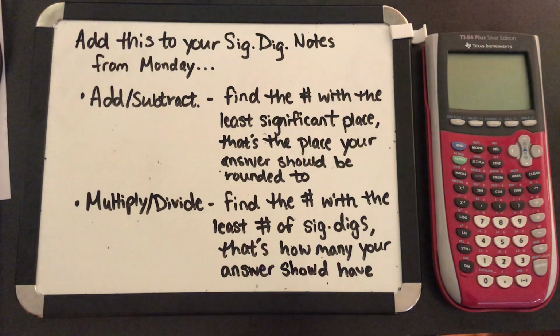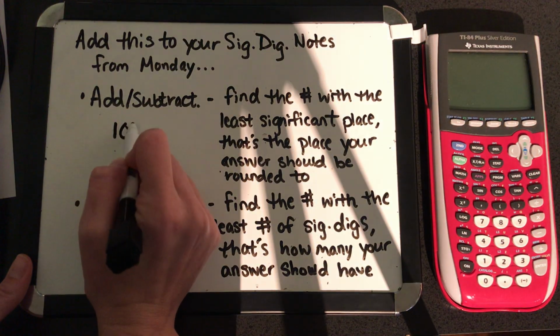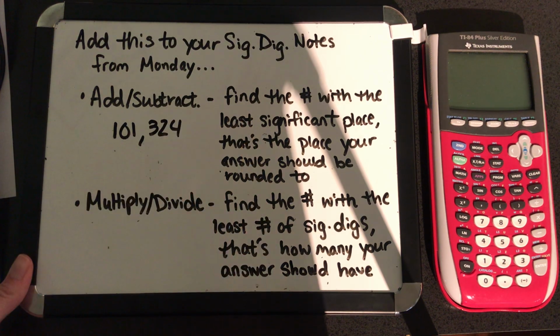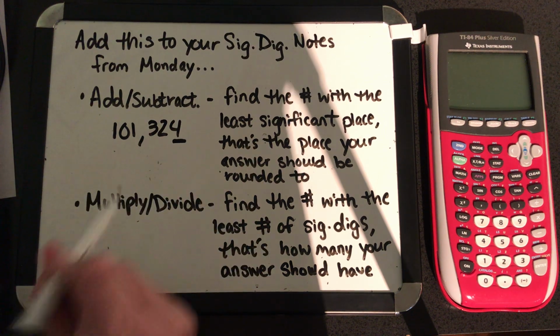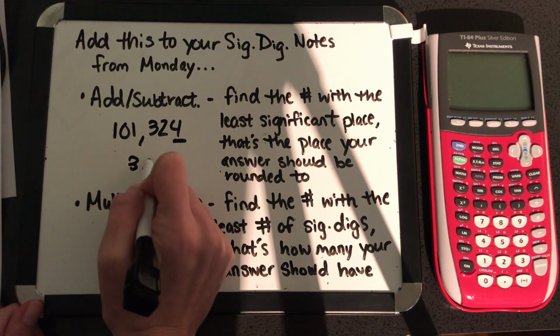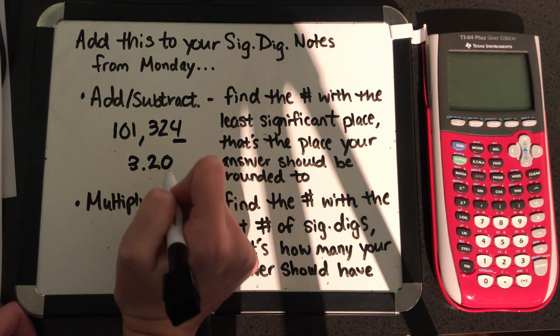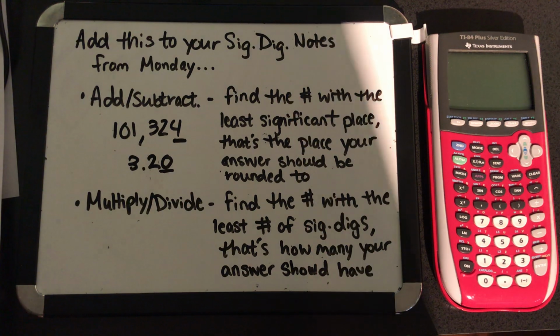So for an addition and subtraction problem, you find the number in the problem with the least significant place. So that means if you had 101,324, the least significant place would be the ones place. Or if you had 3.20, the least significant place would be the hundredths place.